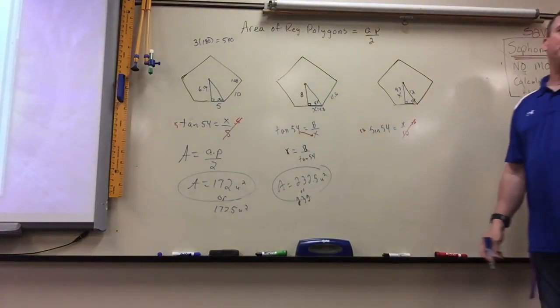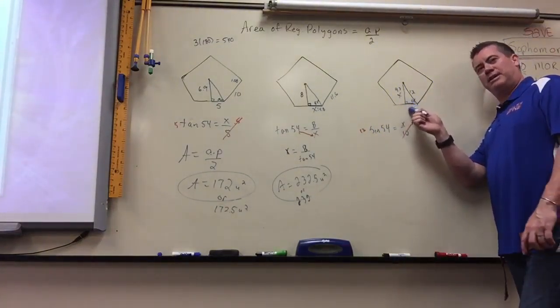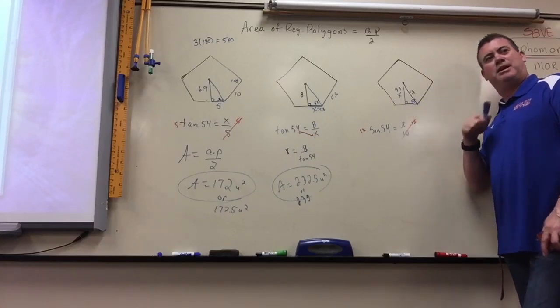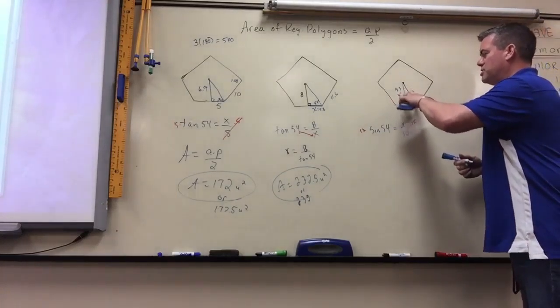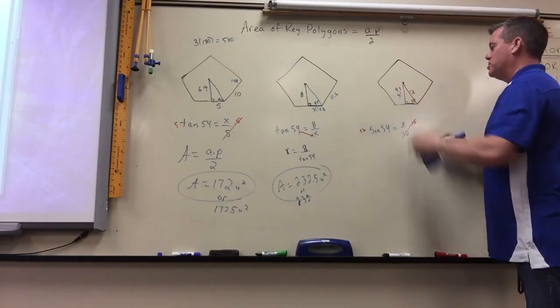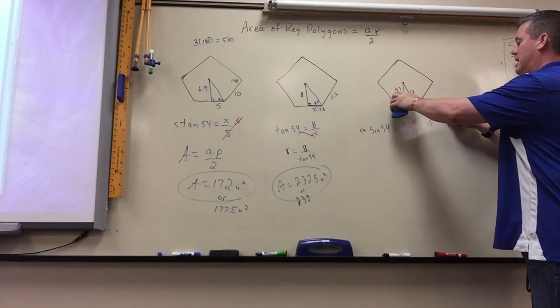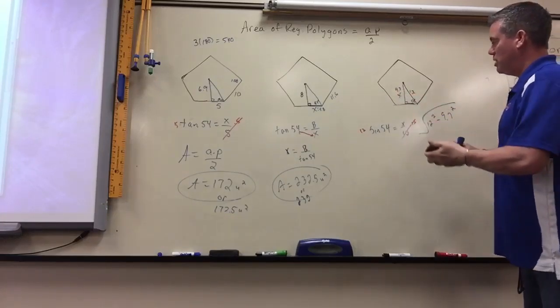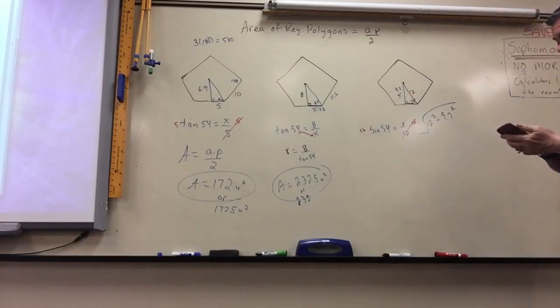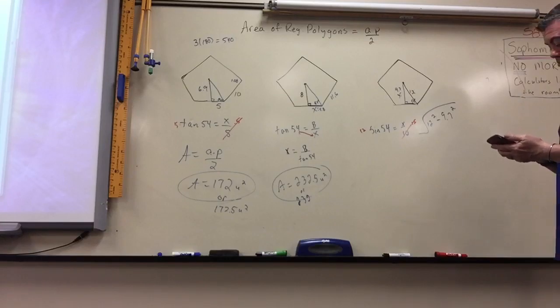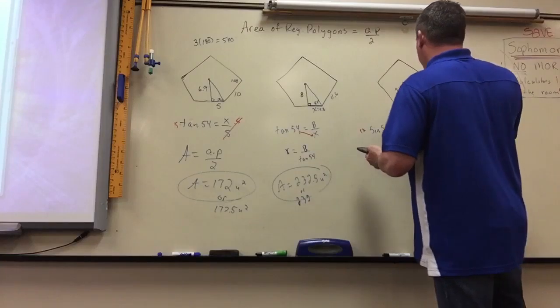Now, you could do another trig function, but what's the easier way to find the third? Pythagorean theorem. So since it's a leg you're looking for, you'd have to square them and subtract them. You'd have to take 12 squared minus 9.7 squared and square root it. And it's 7.1.